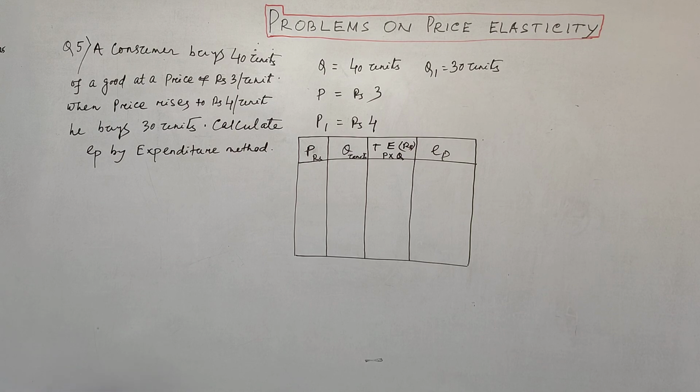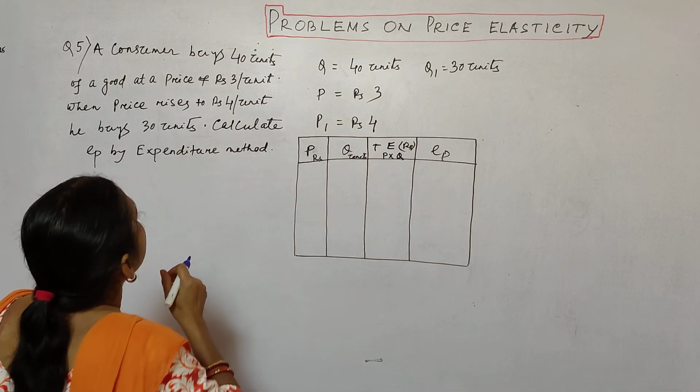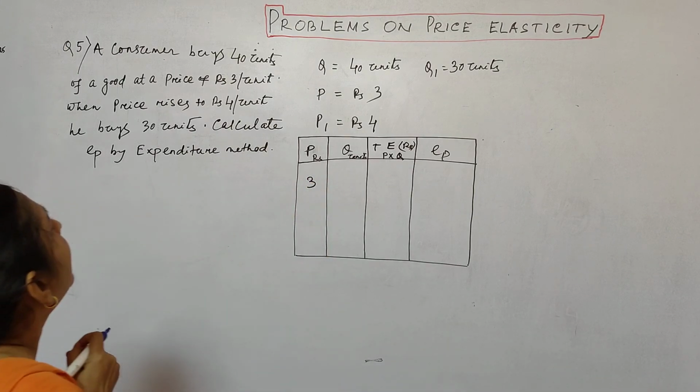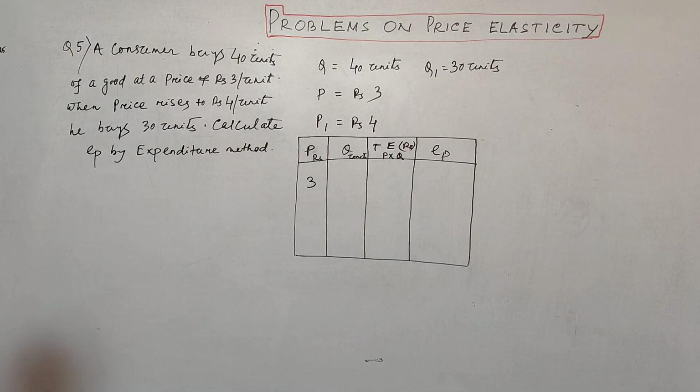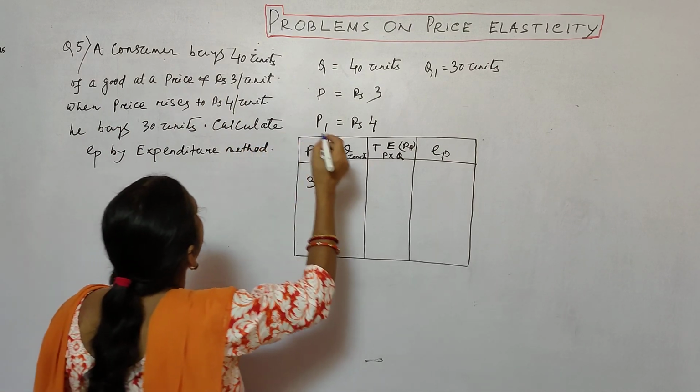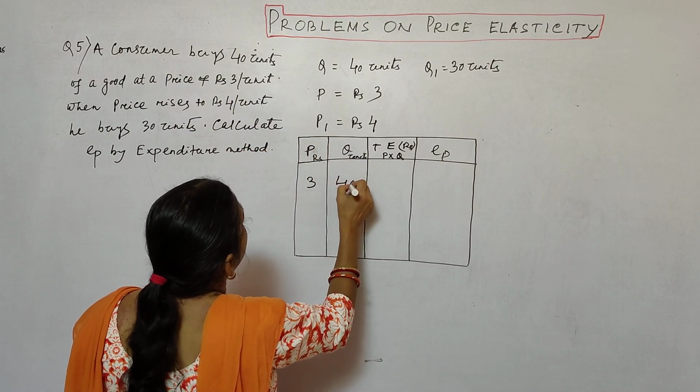Now see, the initial price is rupees 3, and with this initial price of rupees 3, the consumer buys 40 units. What is the amount consumer buys? At rupees 3, 40 units.